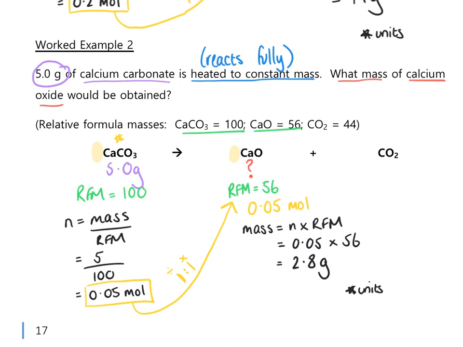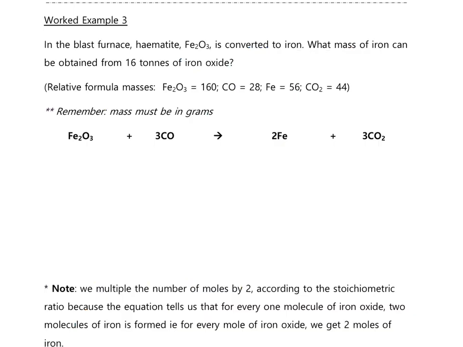So hopefully you're starting to see that how you do these types of calculations, the steps that you follow are exactly the same each time. Your numbers will be different, your masses will be different, your RFMs will be different, and in some cases your balancing number ratios will be different, which we'll come on to an example of now. So hopefully after the first couple of examples you'll be confident in the method that we're using in these calculations.